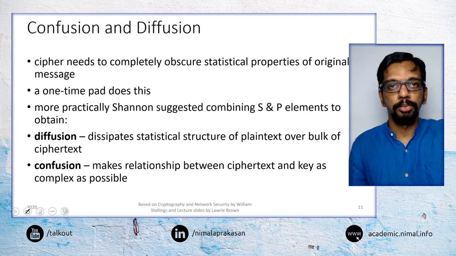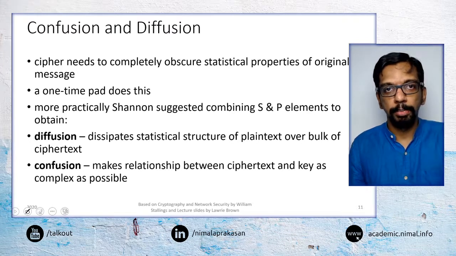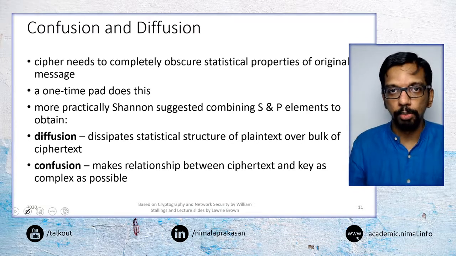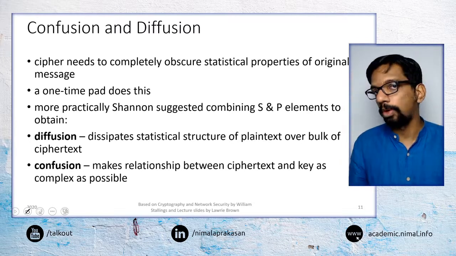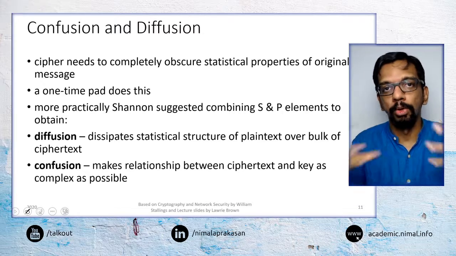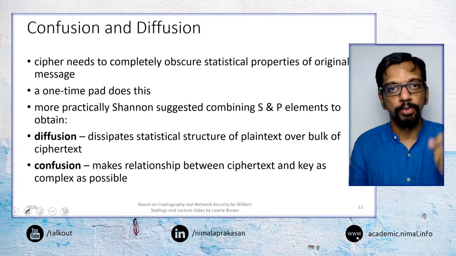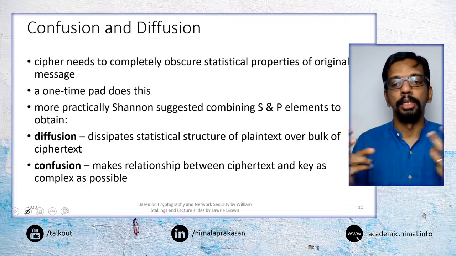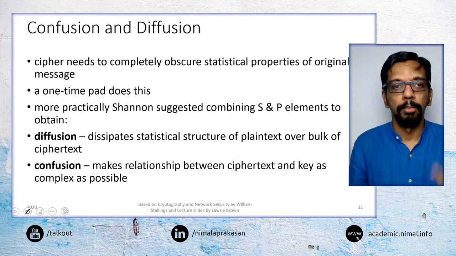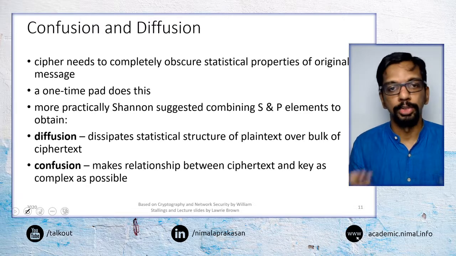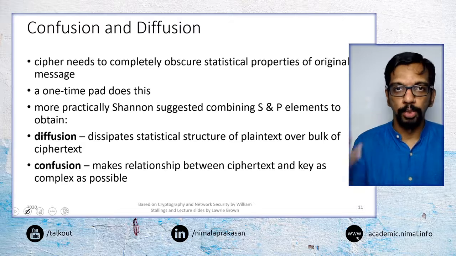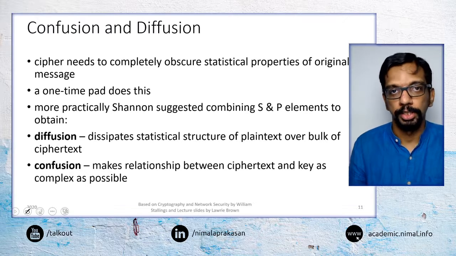Just because you give a particular key and a particular plaintext, it gives an output, but that relationship is not directly known or easily guessable. That is what we try to achieve using SP networks, by getting the confusion and diffusion parts within the cipher operations.